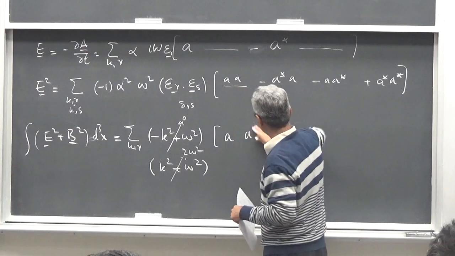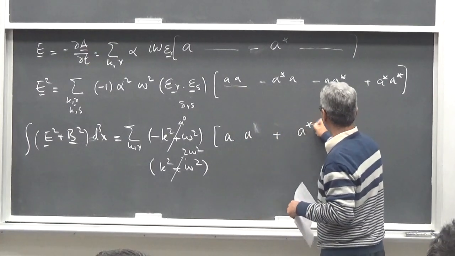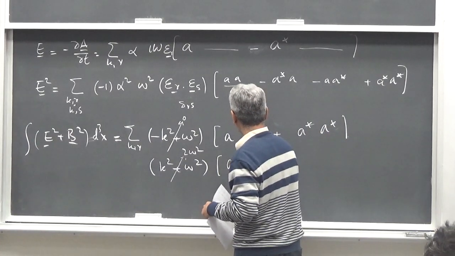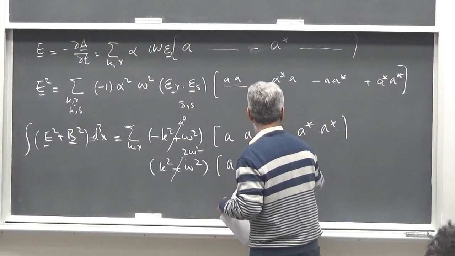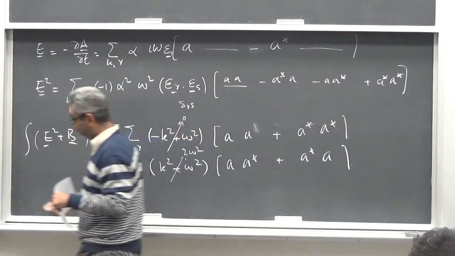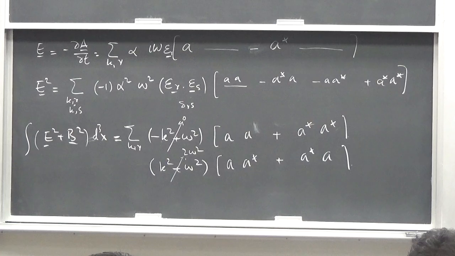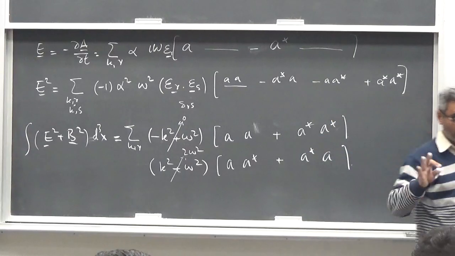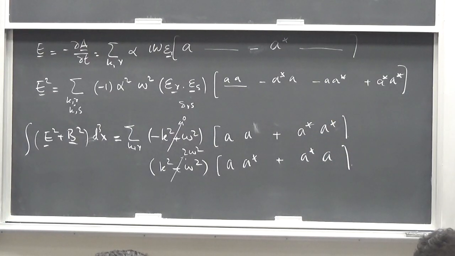So this is a and a star, and this is a star plus a star a, and these have extra negative signs here. These negative signs will go over with this negative sign. So in the end, you will do this in all glory, like on 5 pages.